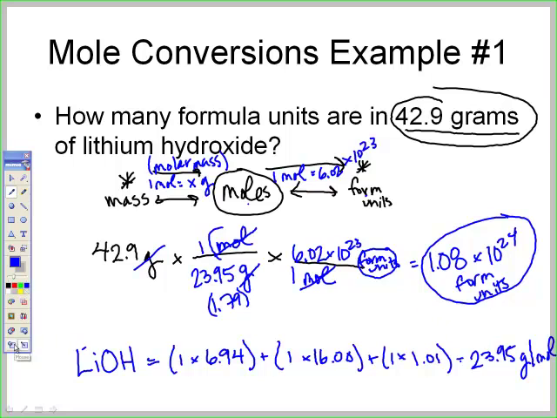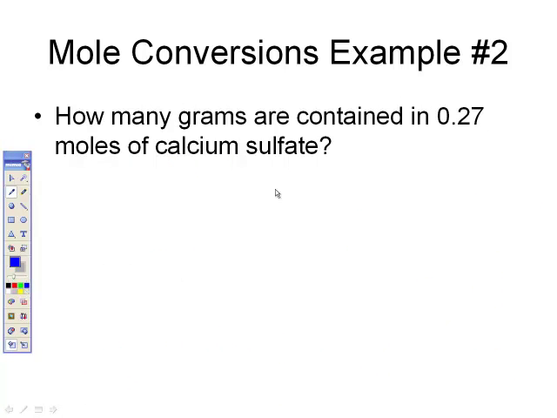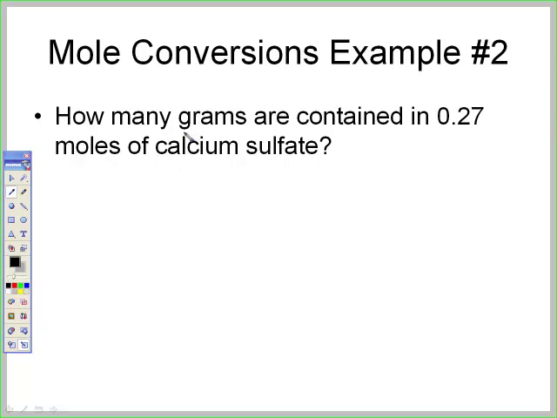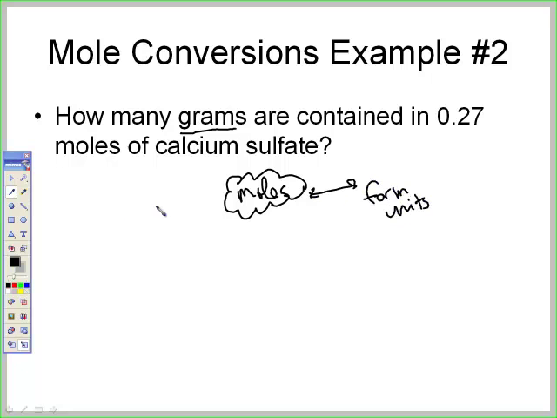So let's move on to our next example problem, and that says how many grams are contained in 0.27 moles of calcium sulfate. So this time, if I look at my master plan, this is formula units, and this is mass.